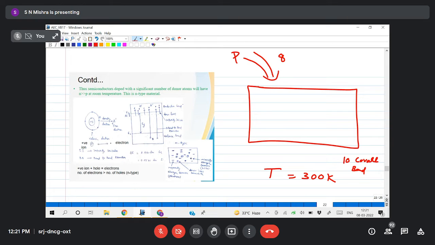Now tell me, in this structure that I have drawn, how many electrons I'll find, how many holes I'll find, how many positive ions I'll find. 10 electrons, 10 holes, 10 protons. 10 electrons, 10 holes, positive ions, 10, 8 or 10? 8. So electrons will be 18. 10 plus 8.